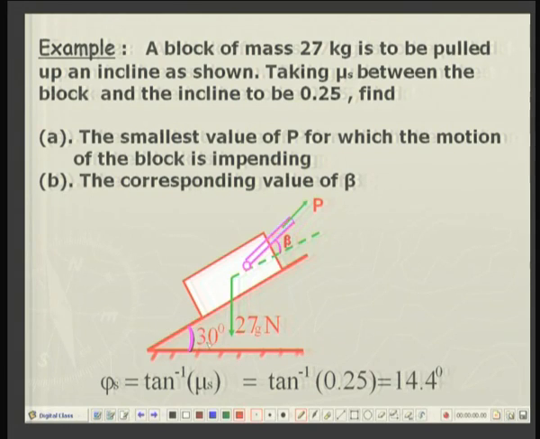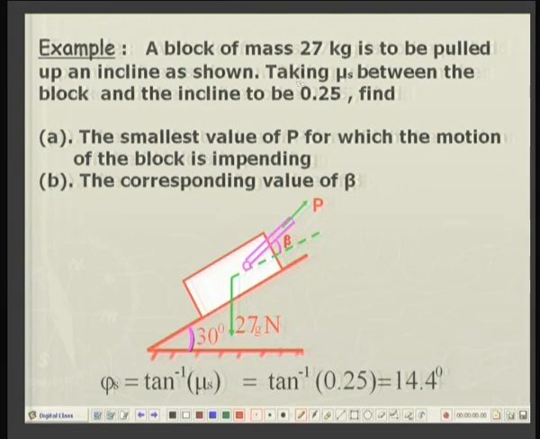The angle between the two planes, or the inclination, is 30 degrees. This block is to be pulled up the incline through a lever shown here with the force P, and the inclination of the lever is angle beta to the direction of the movement.